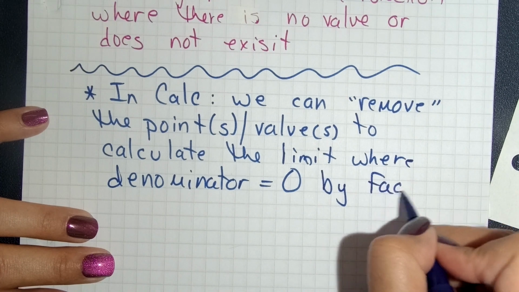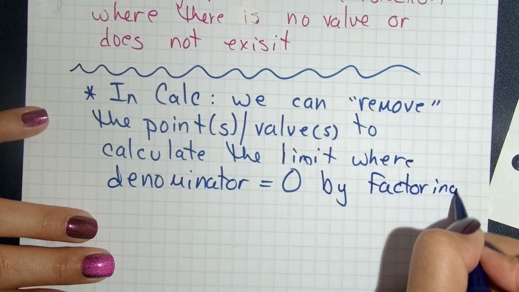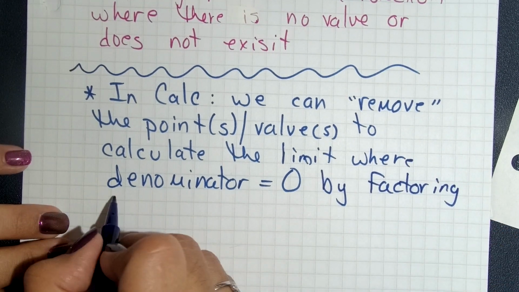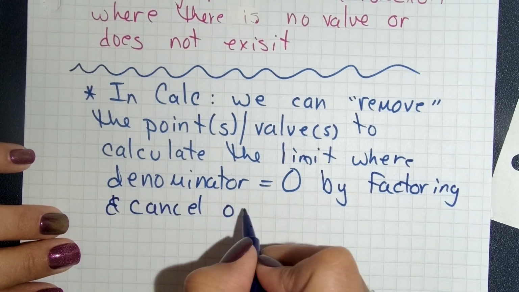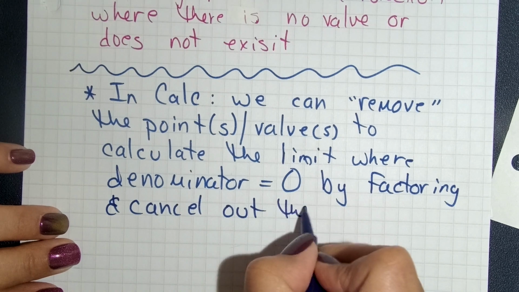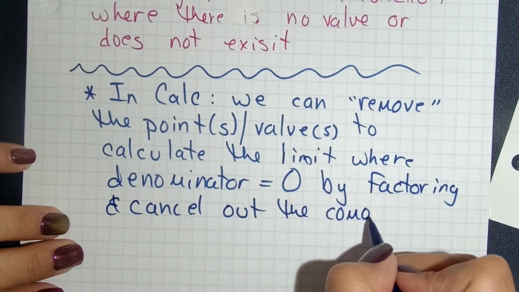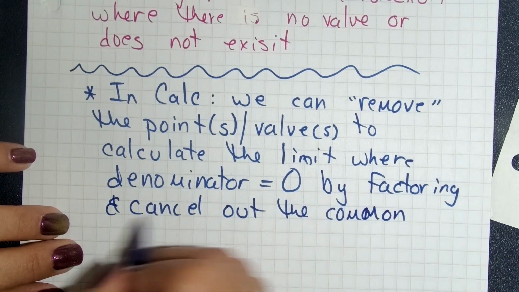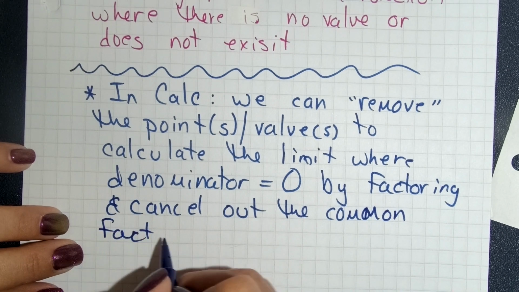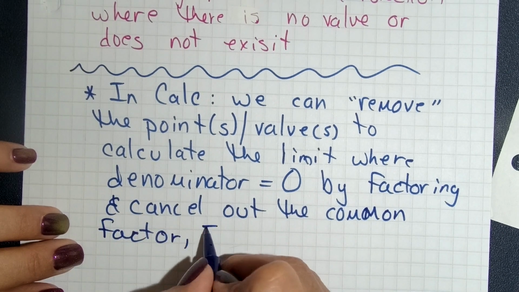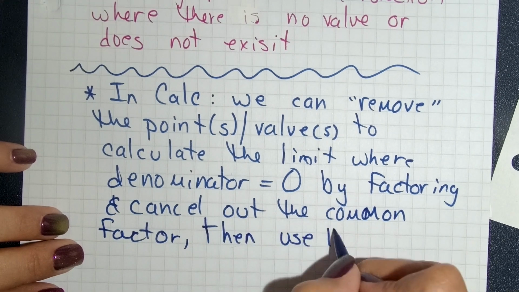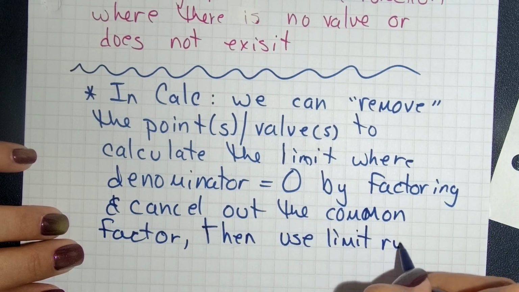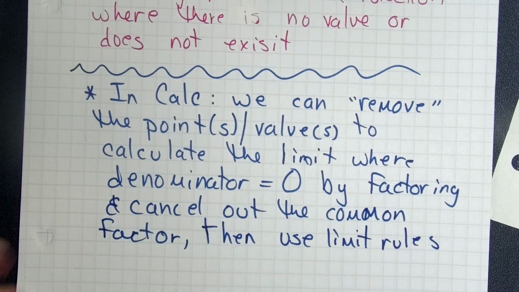By factoring and canceling out the factor, then use limit rules, meaning that we're going to substitute in.